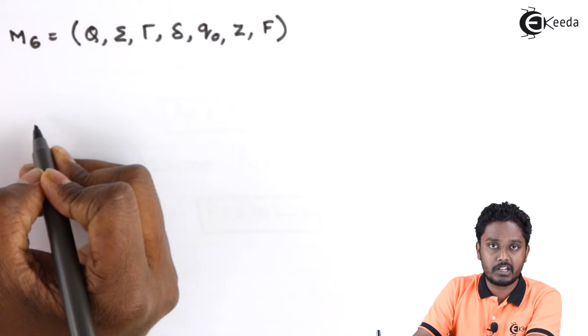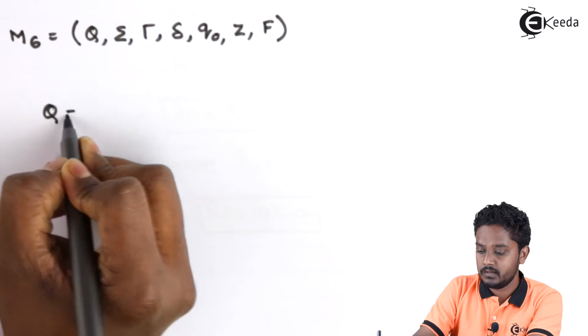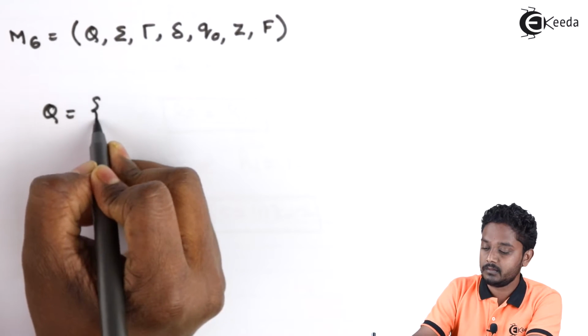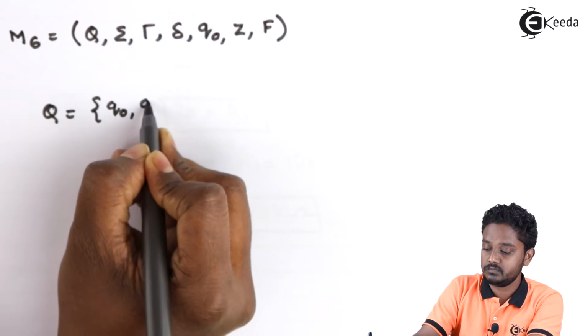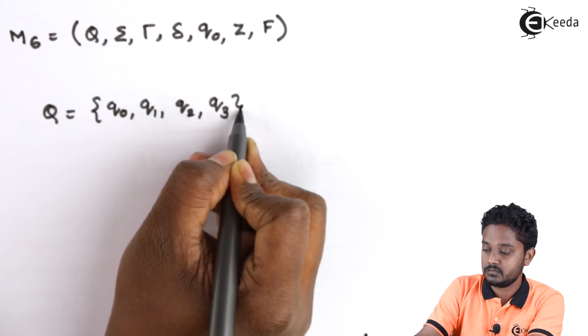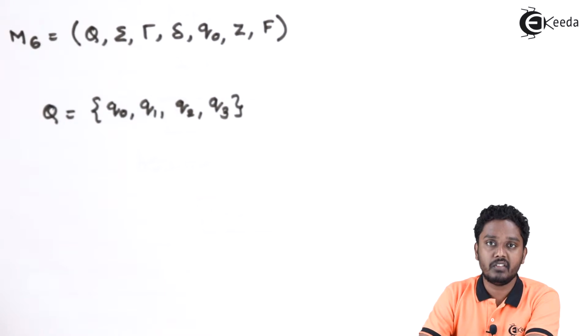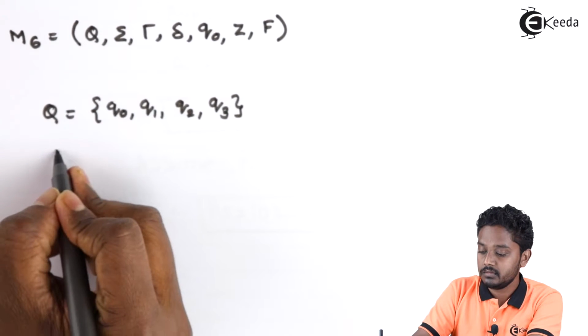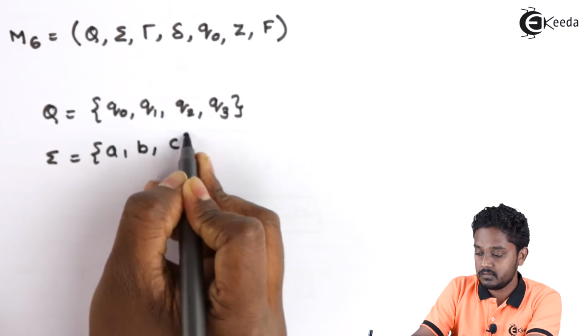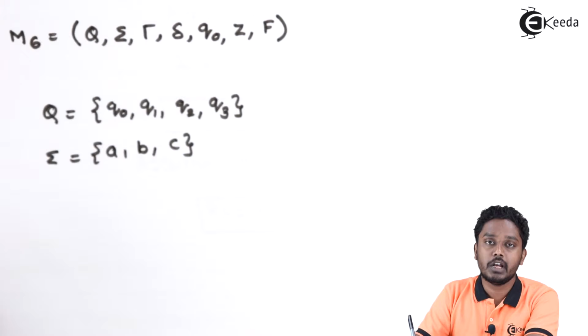Over here in the machine M6, Q contains 4 states, Q0, Q1, Q2 and Q3. The alphabet set sigma contains A, B and C. Tau contains 0 and Z.